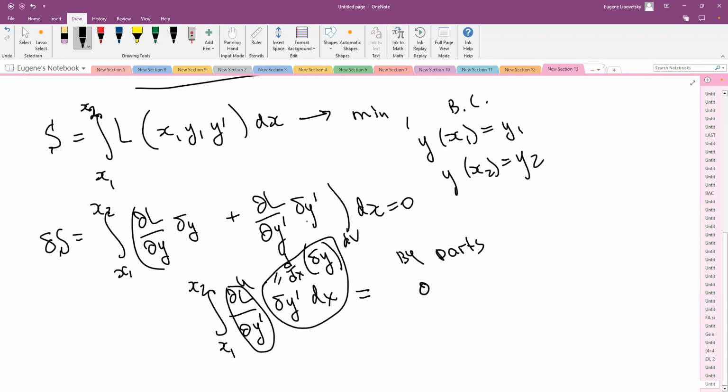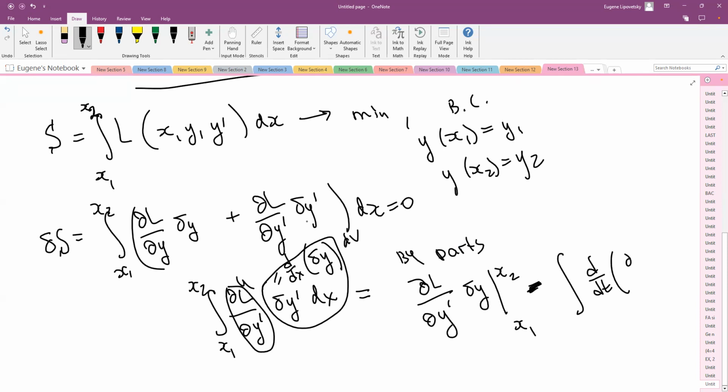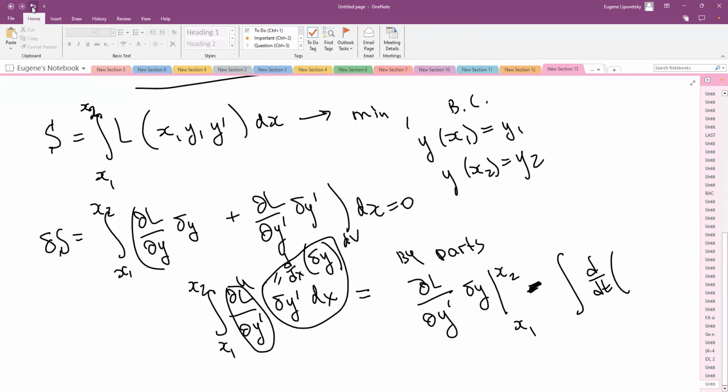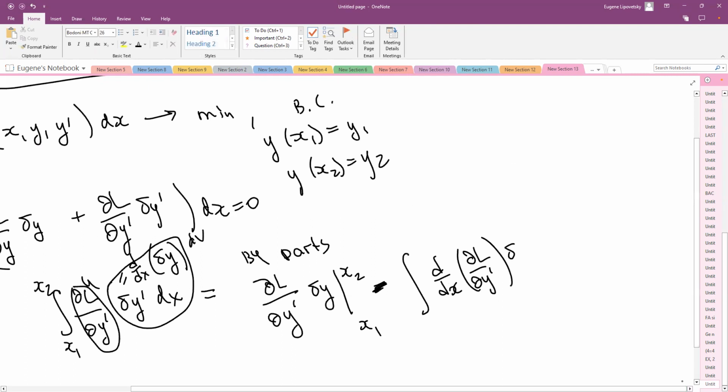So it's going to be dL over dy prime times delta y from x1 to x2 minus the integral of d over dx of dL over dy prime times delta y dx.